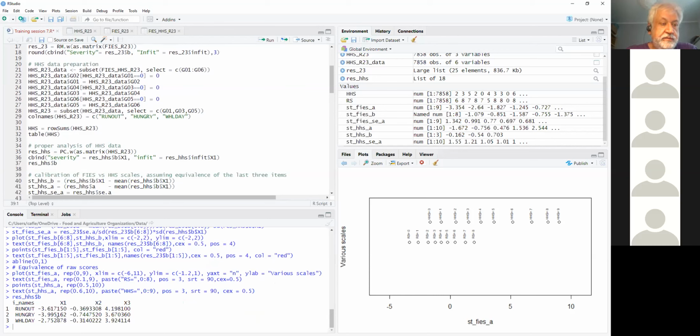X1 is a different type of threshold compared to X2 and X3. And this is a feature of the partial credit model.